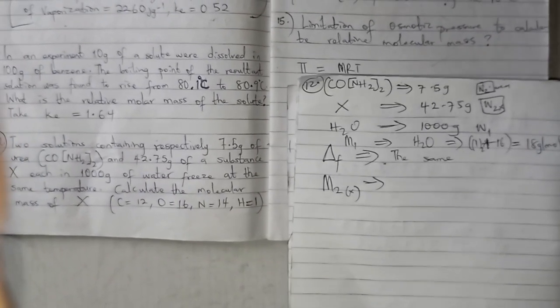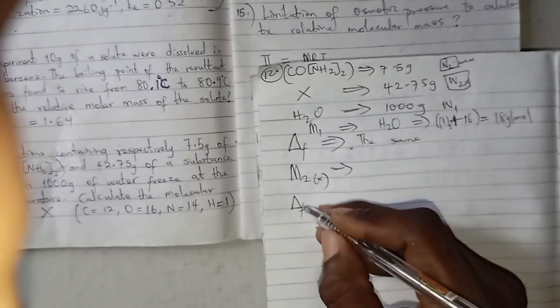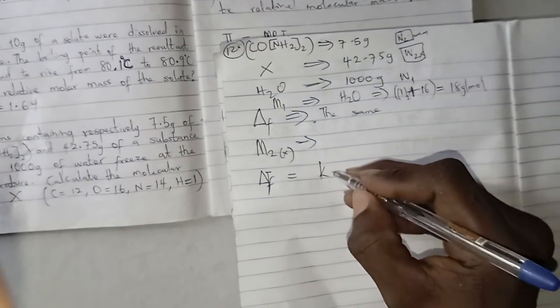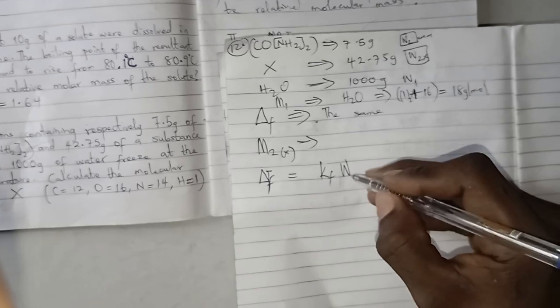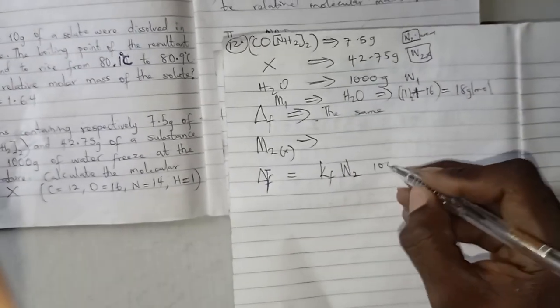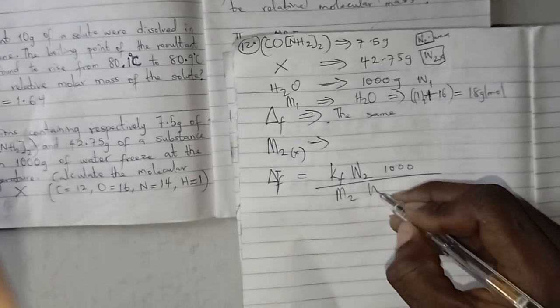But remember that anytime you are solving freezing points, that is change in freezing point, we normally make use of K_f W2 times 1000 all over M2 W1.